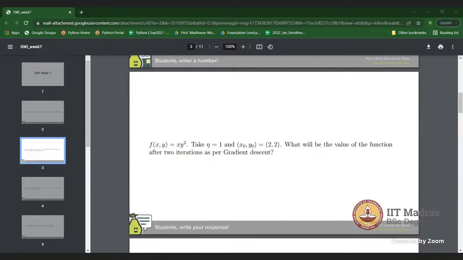So the entire session we are not doing it on PDF. Okay. So it is just a normal PDF file.